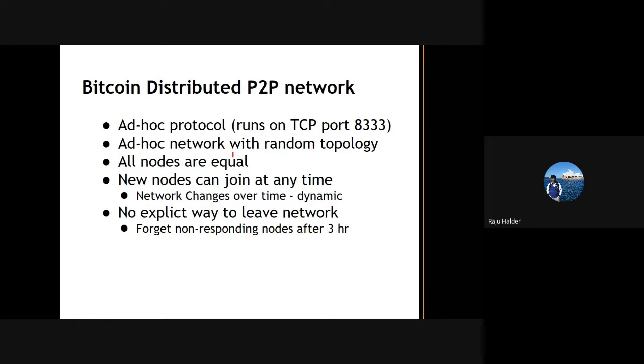Blockchain networks are distributed peer-to-peer networks, and the Bitcoin network runs using TCP ports, and the topology is random. Anyone can join anytime, anyone can leave anytime. So it's completely public and all nodes are equal. That's why Bitcoin is called a public network.